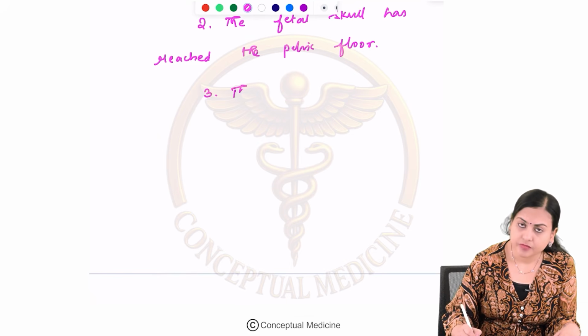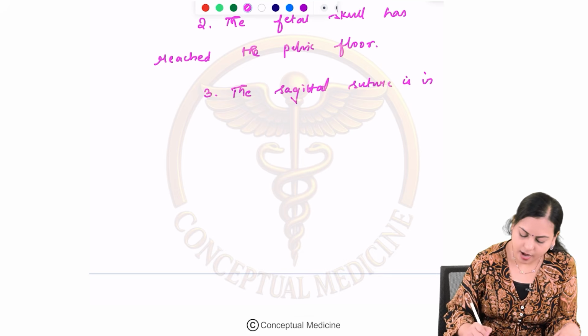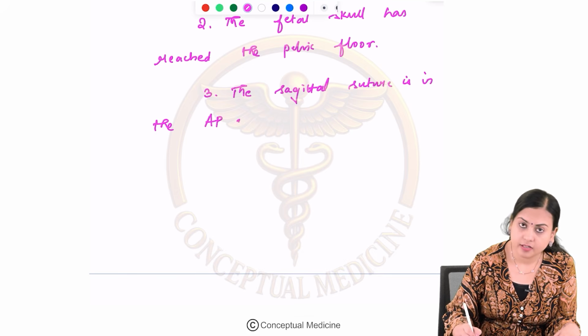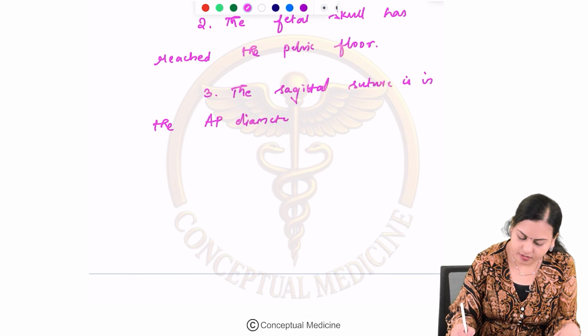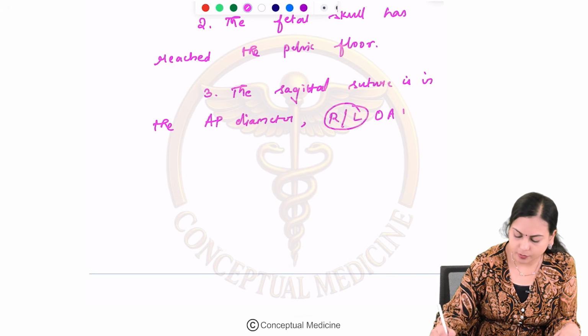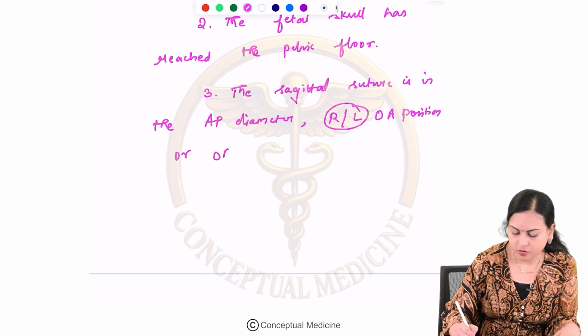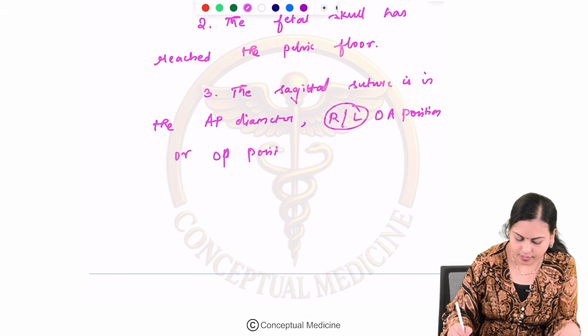Number 3, the sagittal suture is in the anteroposterior diameter or right or left occipito-anterior position or even occipito-posterior position as well.